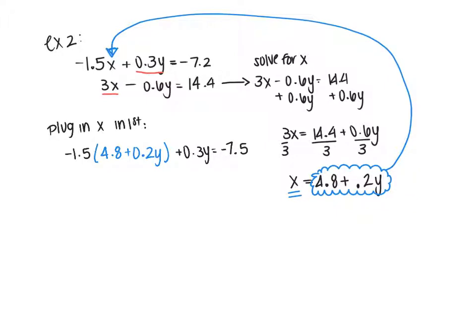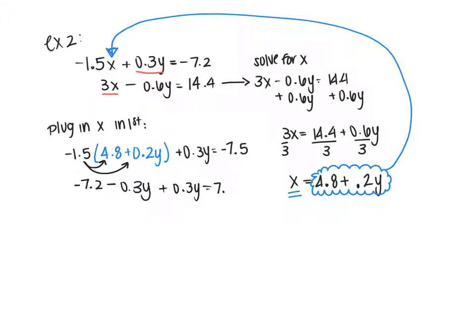Because you have a calculator, decimals shouldn't be an issue. Just multiply them like normal. I get -7.2. Distribute again. Carry everything down.